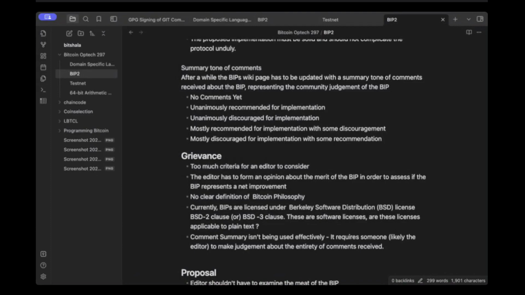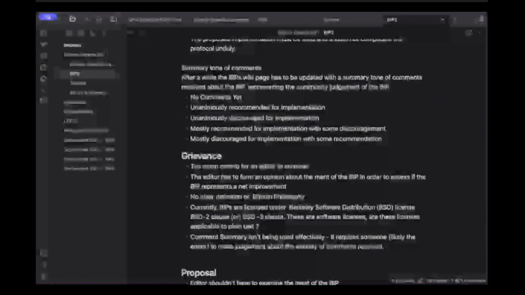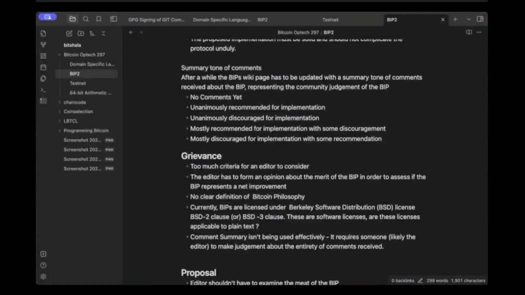And currently, BIPs are licensed under the Berkeley Software Distribution license, called BSD. There are many versions of it, like BSD3. So BIPs are currently licensed under this type of license.